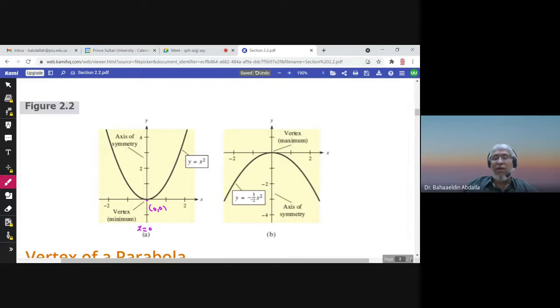And the half is a type of shrinking, so we will have vertical shrinking. If you vertically shrink the parabola, it will be wider like this. Here, the vertex, which is again (0, 0), is the maximum point, and the line x equals 0 is the axis of symmetry of the parabola.